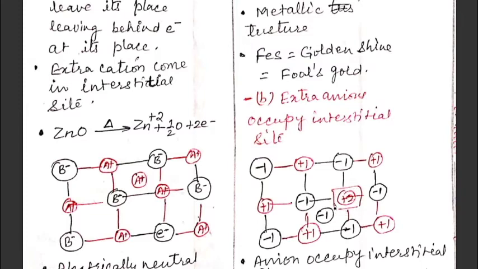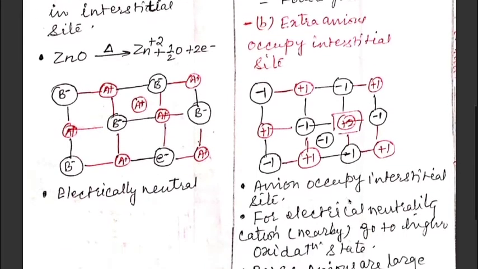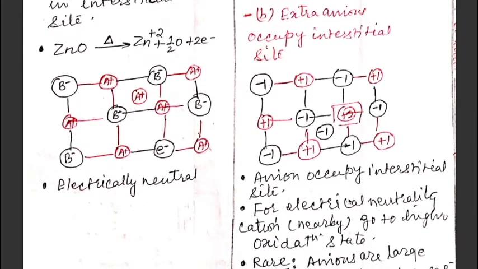So in this way crystal becomes electrically neutral. But this type of defect is very rare. Why it is rare? Because anions are larger in size. So larger size anion not easily get fit in interstitial positions.